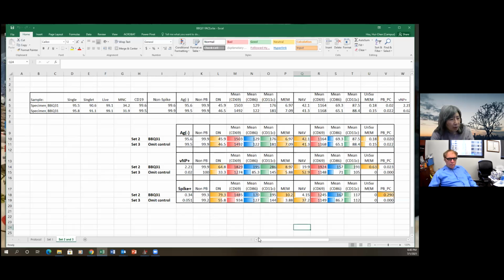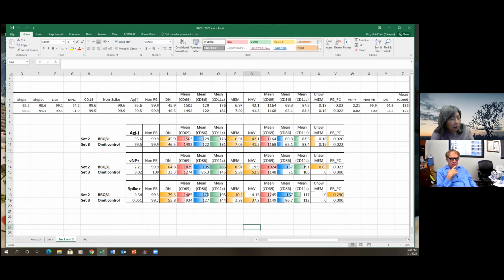Can you show me that? From here, you can see this is barbecue 31, and they do have more CD86 compared to the total. NP positive, spike positive. So yes, they do have more CD86.